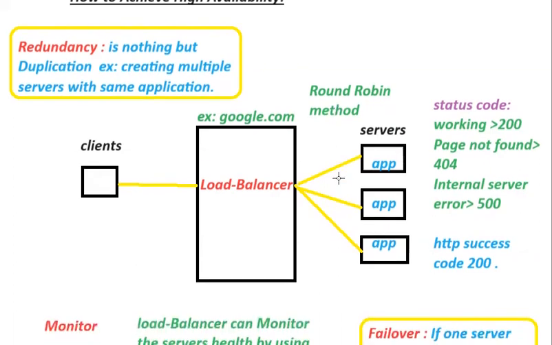If I give you an architecture to check high availability, you need to check redundancy first. Redundancy is nothing but checking whether multiple application servers are hosted. If multiple application servers are hosted, then you can say that is a redundant architecture.